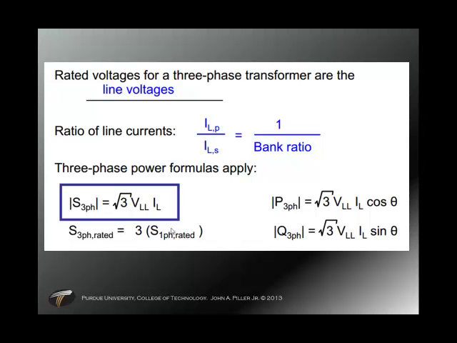The magnitude of your apparent power is equal to radical 3 times voltage line-to-line times I-line. Your apparent power 3-phase is simply 3 times your single phase apparent power. And then using Pythagorean theorem, we can find your P 3-phase and your Q 3-phase.